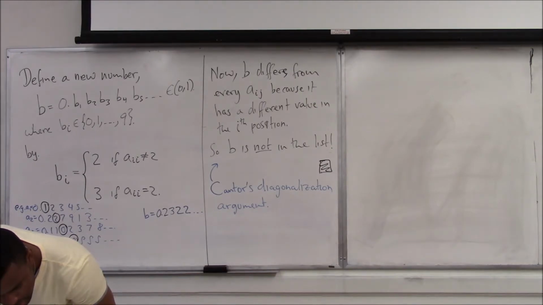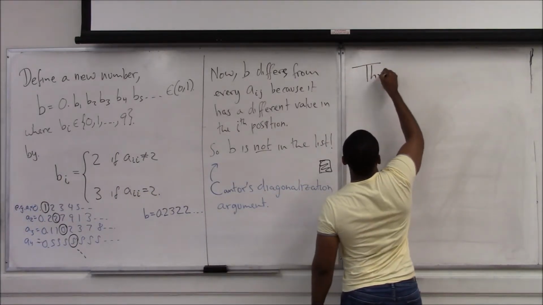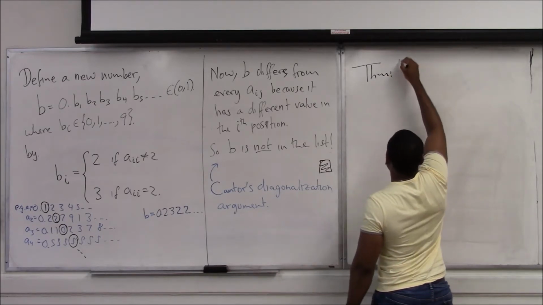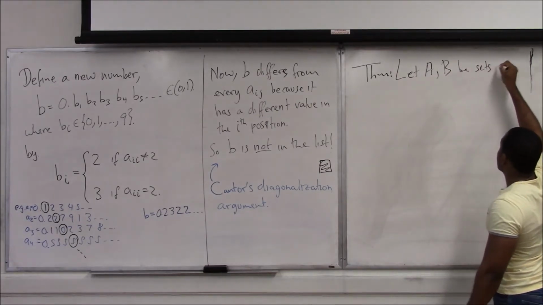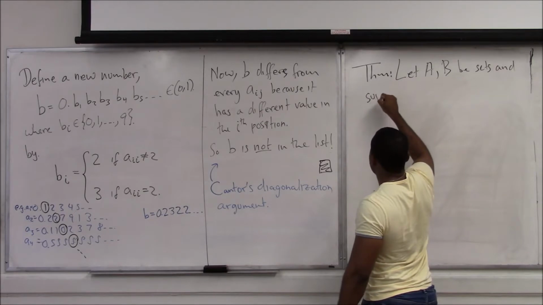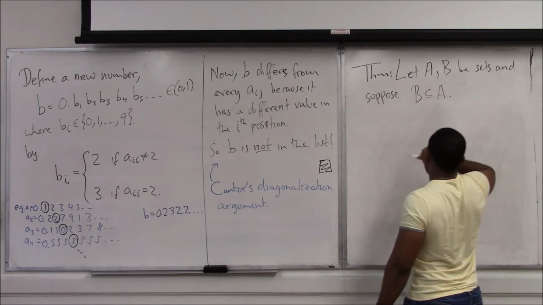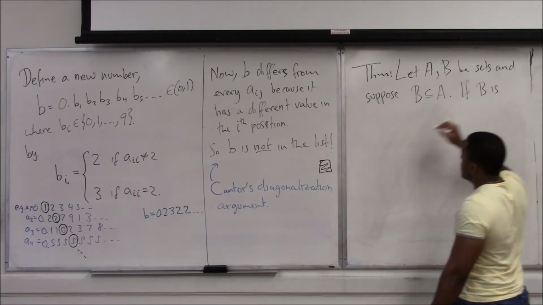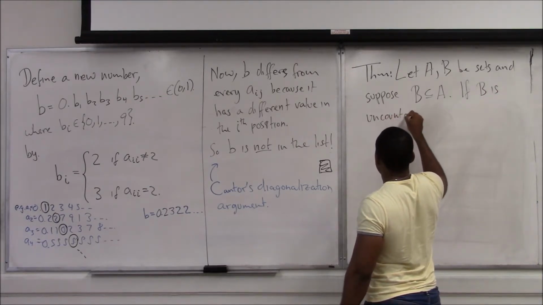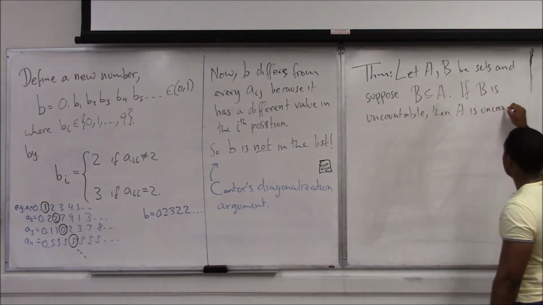Here's something we can do. Here's another theorem. Suppose B is a subset of A. If B is uncountable, then A is uncountable.